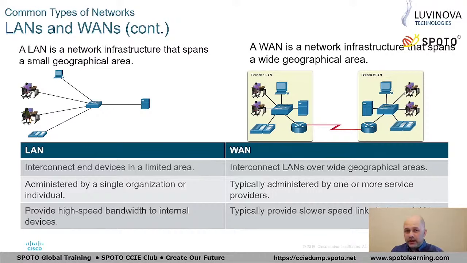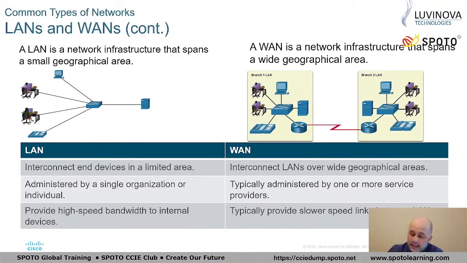That's why it directly tells us that WAN interconnects LANs over a wide geographical area. But you have to keep in mind, inside the WAN we have a MAN. So a metropolitan area network connects LANs, local area networks, together.